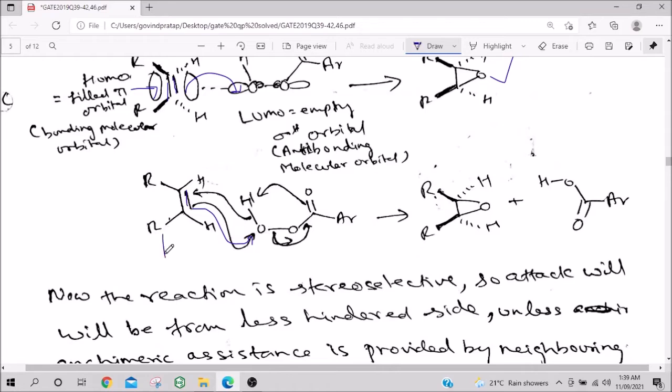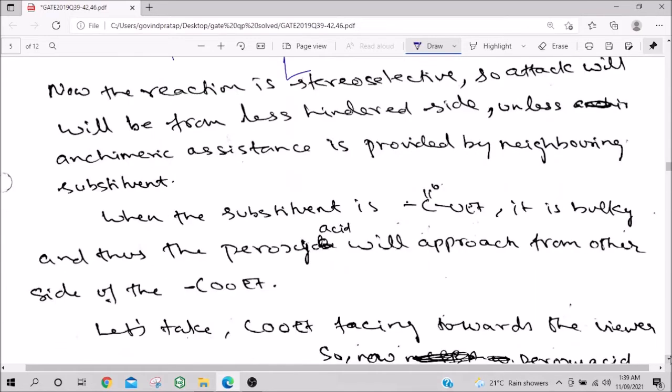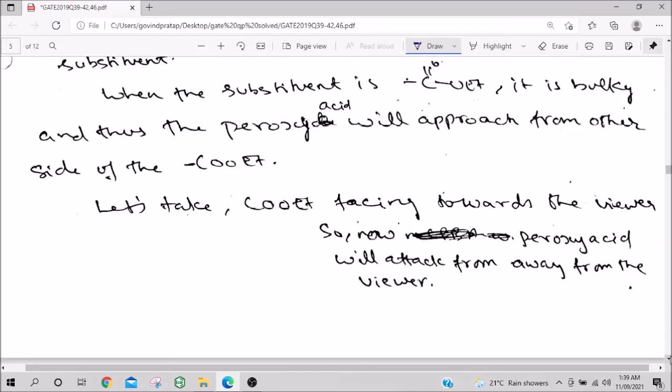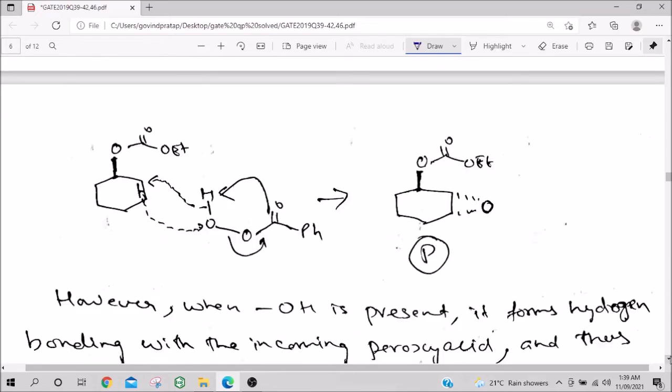Therefore, the HOMO of this and the LUMO of this interact. So this goes and attacks here, and then this bond comes here and this bond takes a proton, so that you get an oxygen minus charge, and this goes and attacks here and you get epoxidation, and this comes out as carboxylic acid, right?